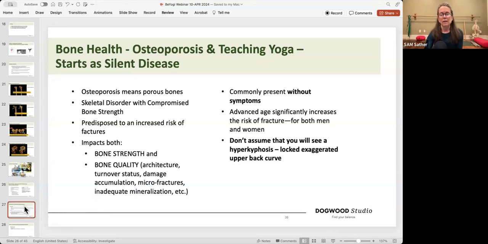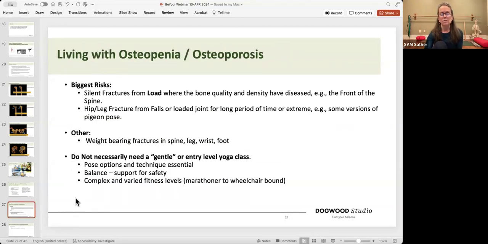In the case of osteoporosis, that's why we do a workshop like 4 times a year on this for our students and for our teachers. The biggest risk is the load on the spine or the hips or the affected bones, where the quality and the density of the bone are diseased. Commonly, it's the front of the spine.